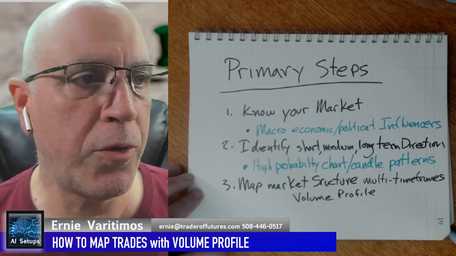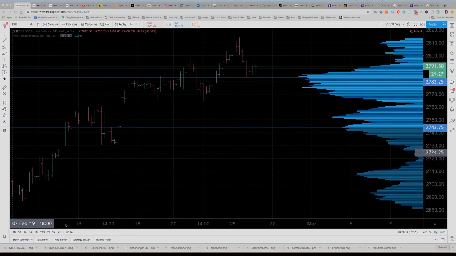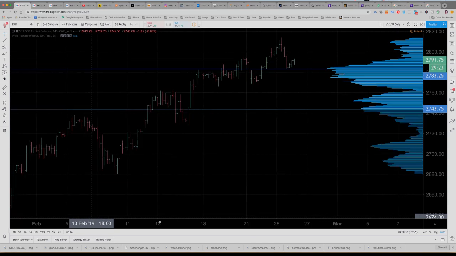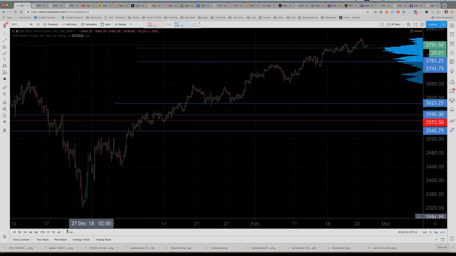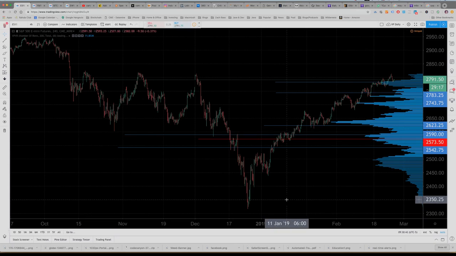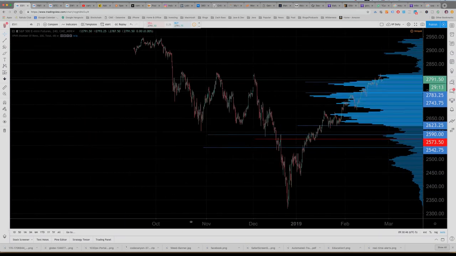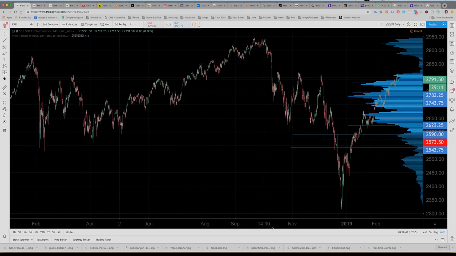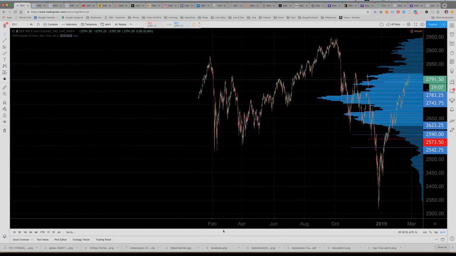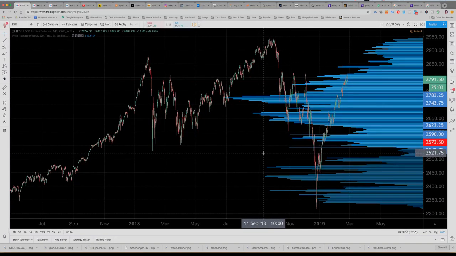We're going to map out the, you can see these lines that I have here where I've started to map this out. As I bring in more and more information into the chart, I get different profiles, different volume profiles.